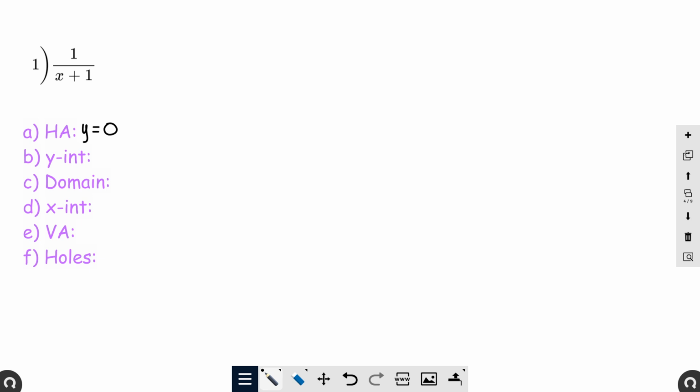So y equals 0. All right, now for y-intercept, it says on our paper, plug in 0 for x and simplify. This is what I like to do, and you can do this to the side if you want to make these look a little bit better. But I start over here and I say y equals the equation, and anywhere there is an x, I put a 0, because I'm going to plug in 0 for all x's that I have.